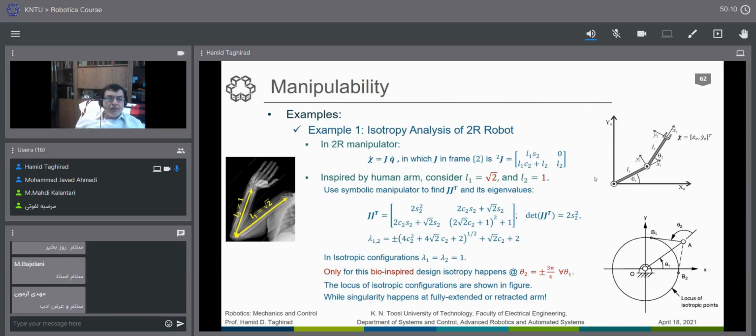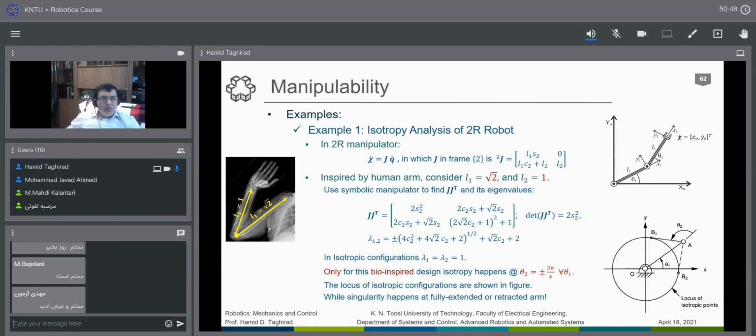And amazingly, if you look at different people's arms, this is very similar to the arm of a human being. For usual mankind, regardless of whether they are very tall or very short, the ratio of these two lengths, the forearm and the upper arm, is almost the same for different people.